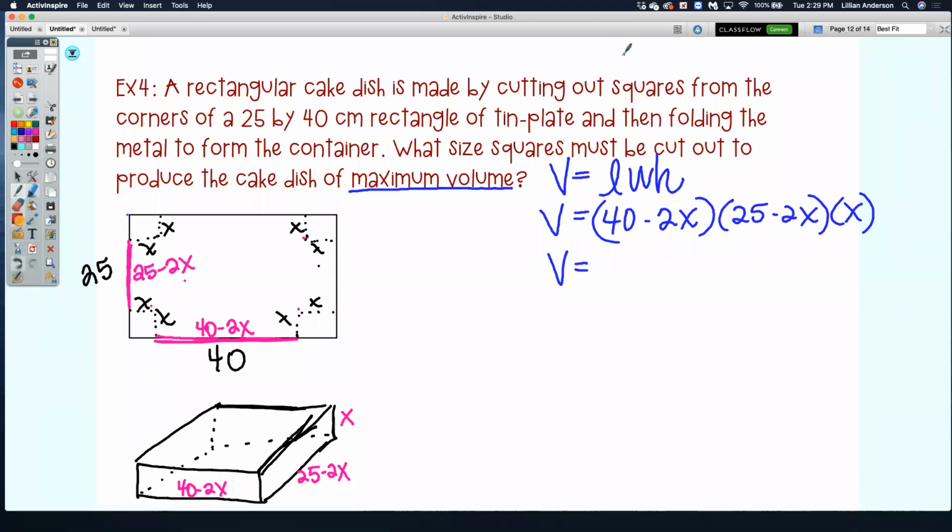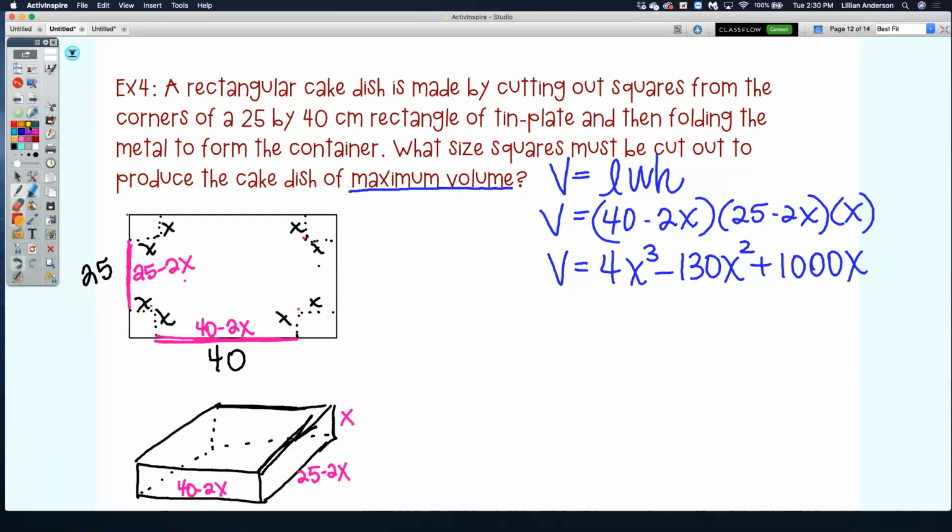Well, it's 4x cubed minus 130x squared plus 1,000x. Online, do you confirm? Yep. Awesome. So that is the equation to be optimized.